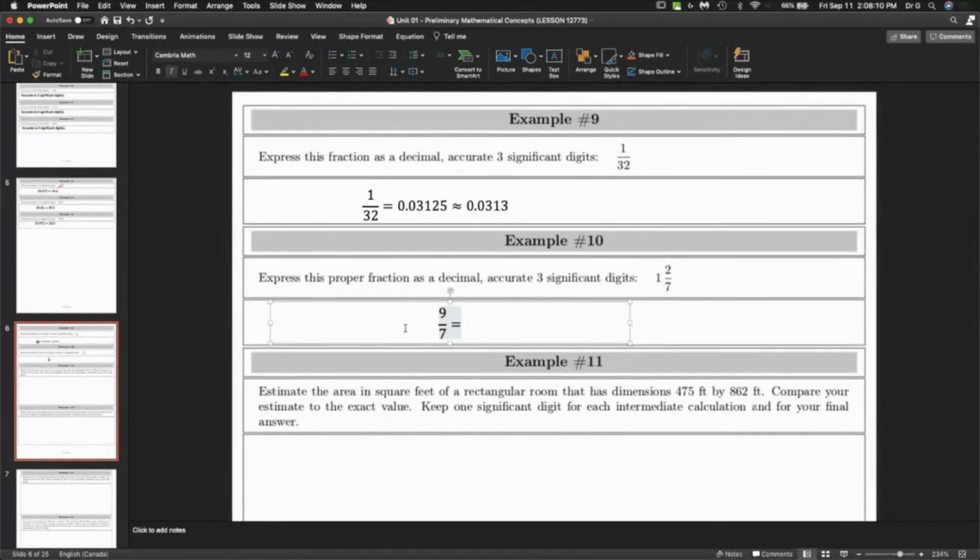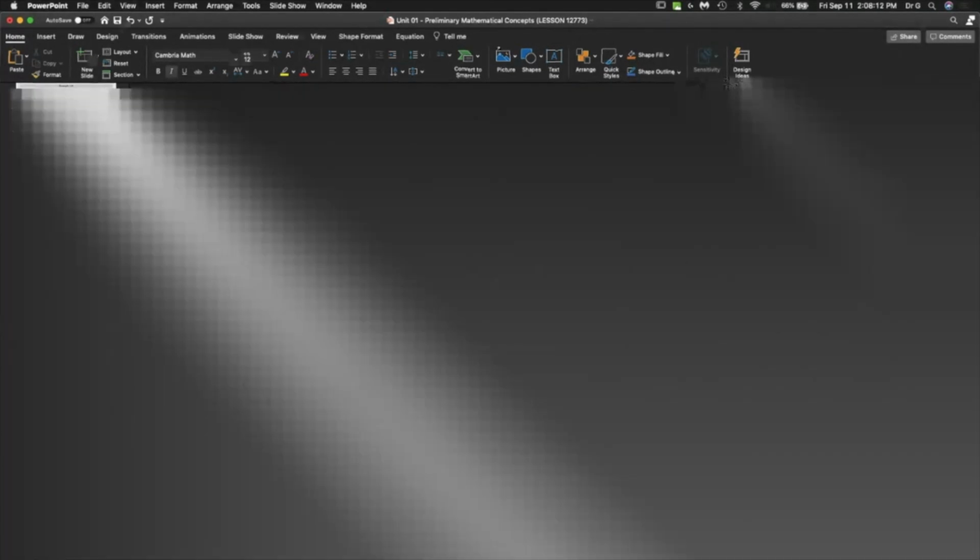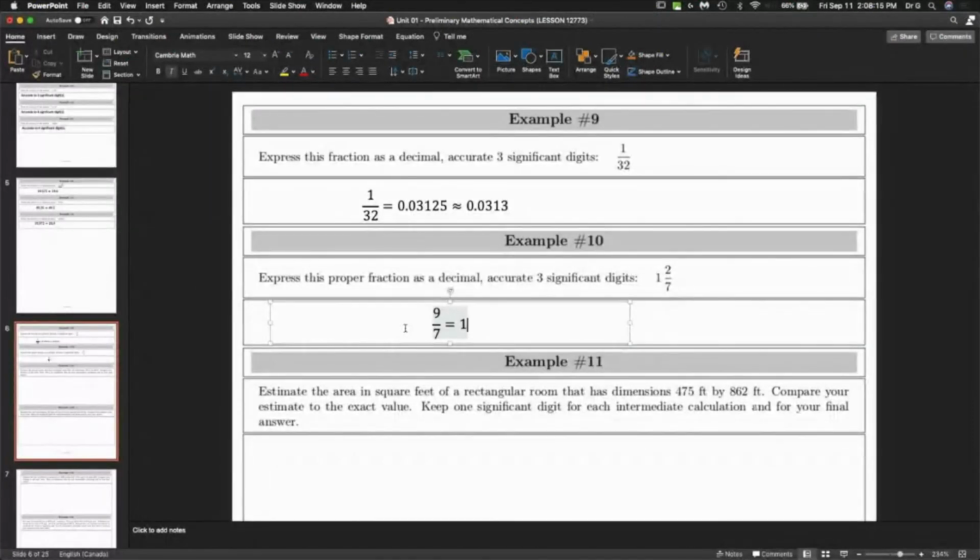9/7 as a decimal goes on forever, but it essentially is going to repeat this pattern over and over again. I don't care how many times you write it. Let's just write 5 digits, 6 digits. You can put a bar on top to say that it repeats, but that's too much typing.